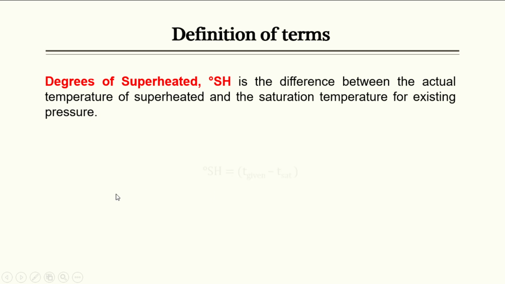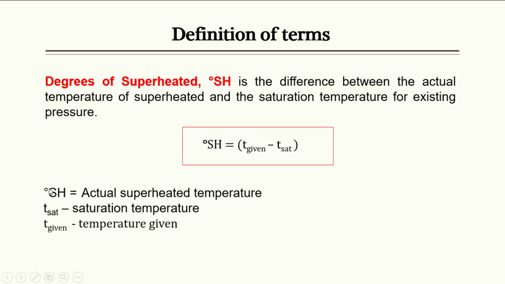Okay? So, ang formula niyan is T given minus T saturation, where the degree SH is degrees superheat. Yan yung temperature difference between doon sa dalawa. Tsat is the saturation temperature and T given is the temperature given.